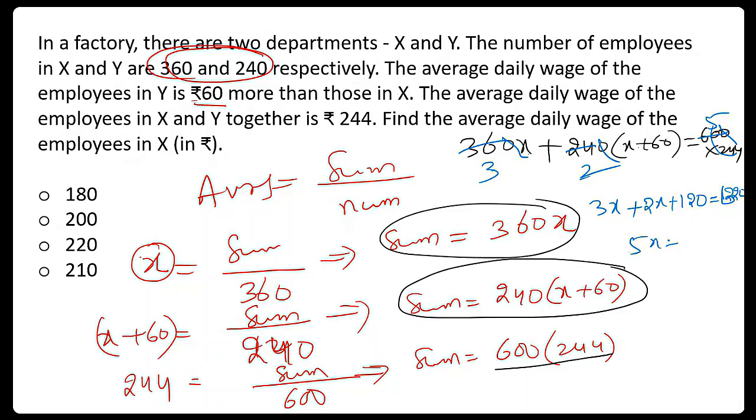So 5x is equal to, if I send this 120 to the right hand side, 1220 minus 120 is 1100. Then x is equal to 1100 by 5, that is 220. So x is 220. This is the alternate method.